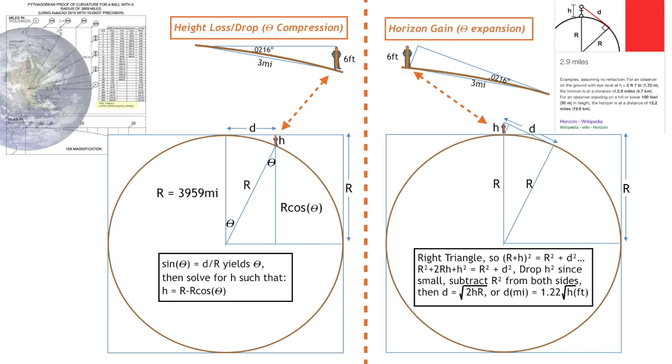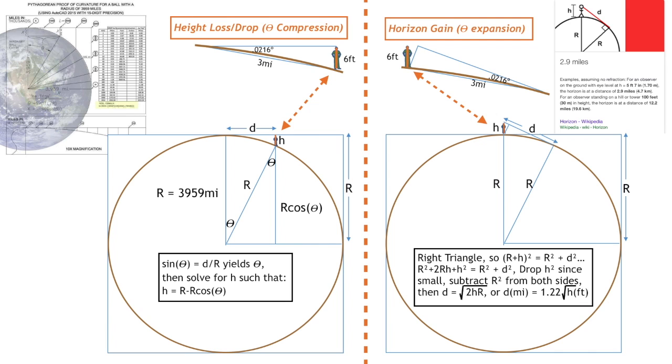You can alternatively get a horizon gain or theta expansion formula pretty simply by just using a right triangle. So in this right triangle example, r plus a height of h sitting above the surface of the circle, squared, is going to equal r squared plus d squared. You can see just the edges of the right triangle there, and you can then solve for the distance d.